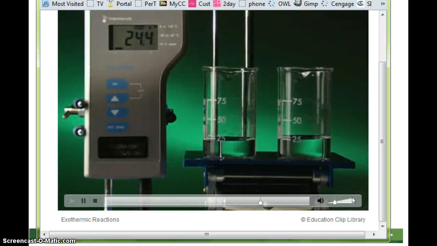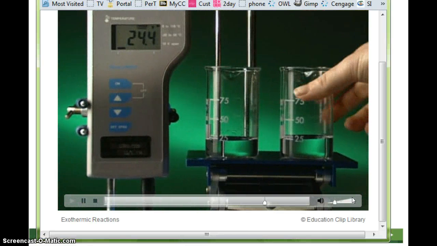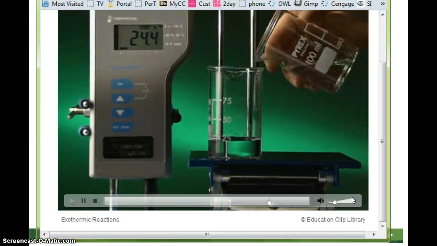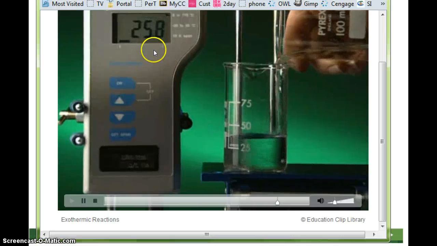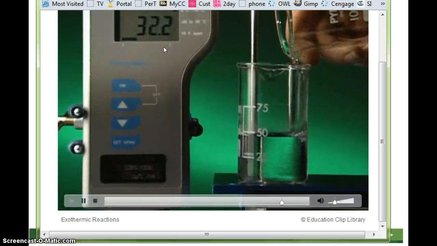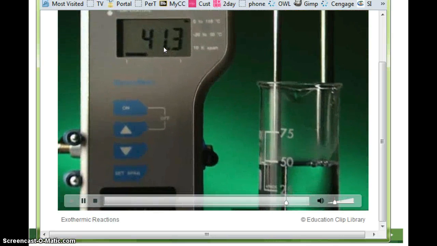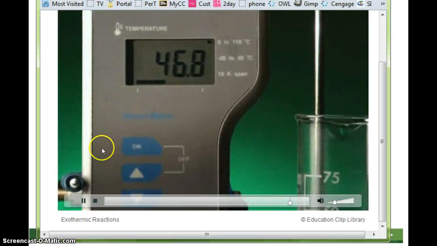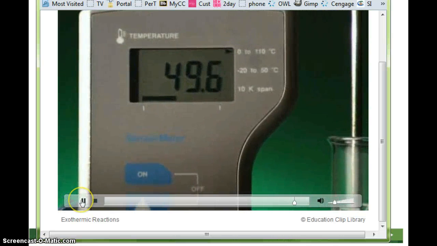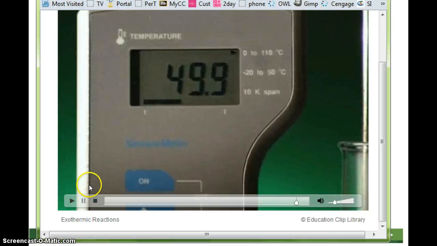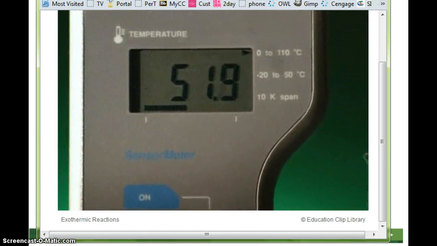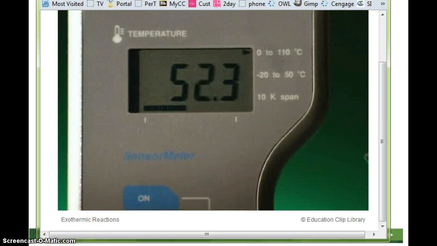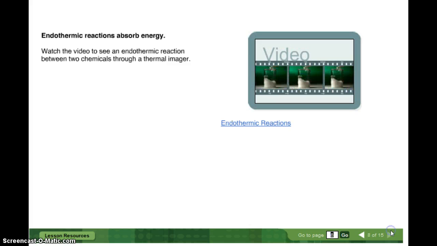So of course you could also just use a thermometer. And you can see how there's a dramatic increase in heat, and therefore, of course, an exothermic reaction.